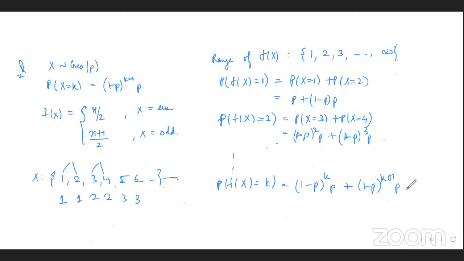What is the answer given? Ma'am, the answer is somewhat complicated, ma'am. 1 minus p raised to power 2k minus 1, p into 2 minus p. Okay. Can you tell me the answer?